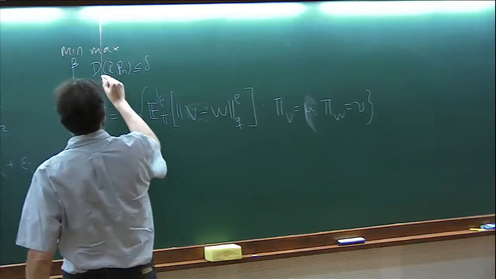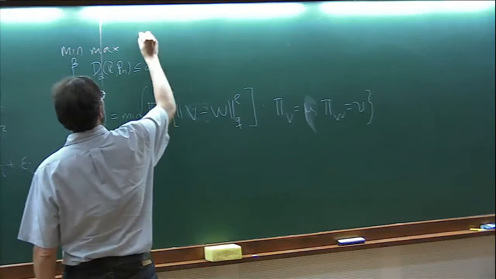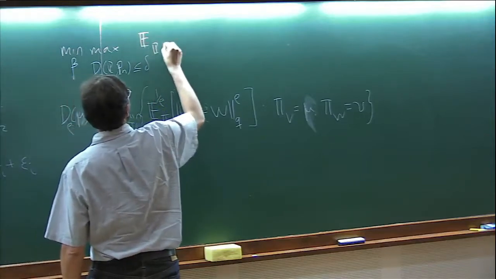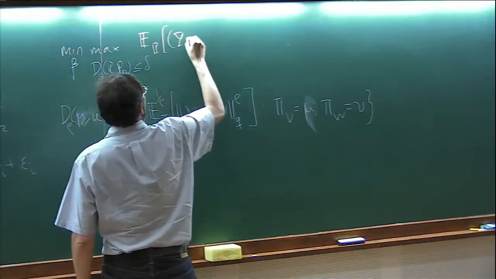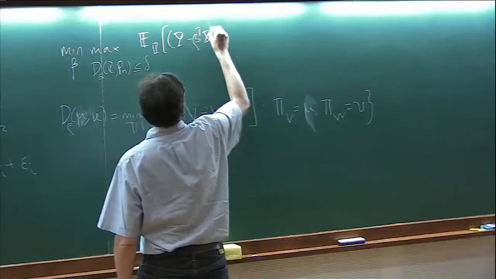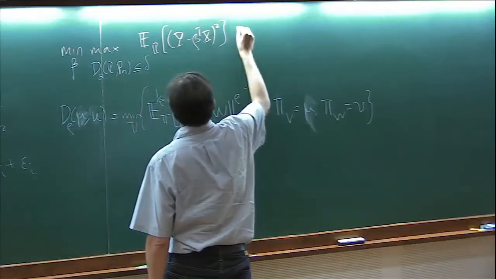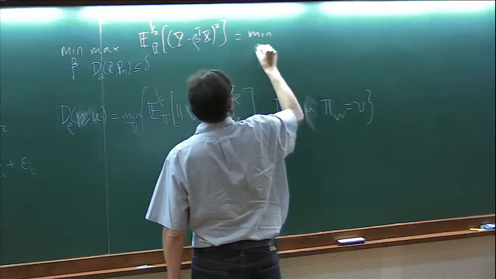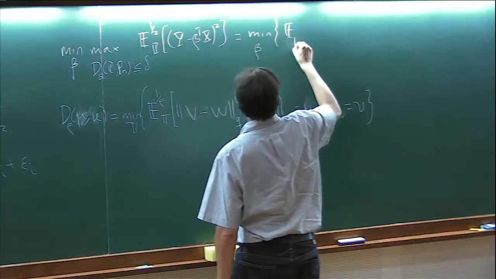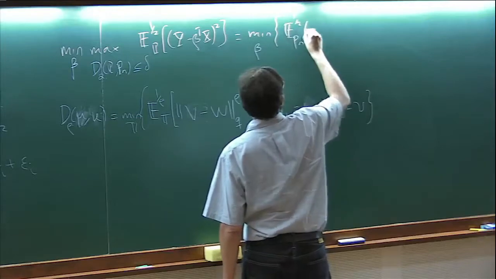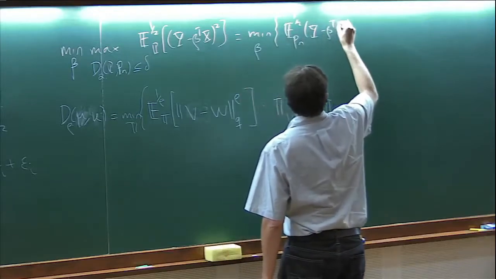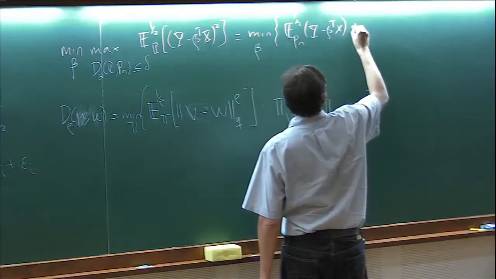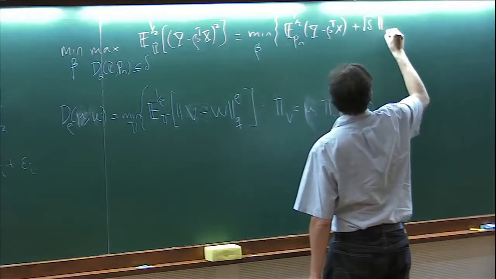For example, in this case, if I put rho equal to 2 here, and I write expected value under P of (Y minus beta transpose X) squared, and I take 1/2 here, this is the same as minimizing over beta the square root of the expected value under Pn of (Y minus beta transpose X) squared, plus square root of delta times the norm of beta.